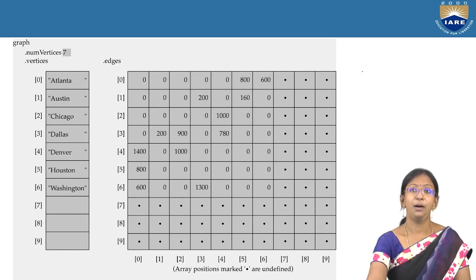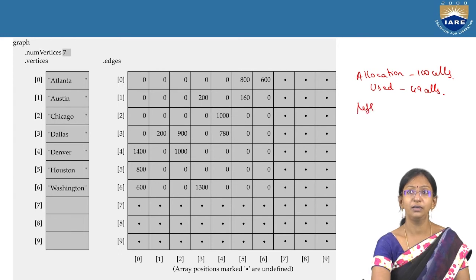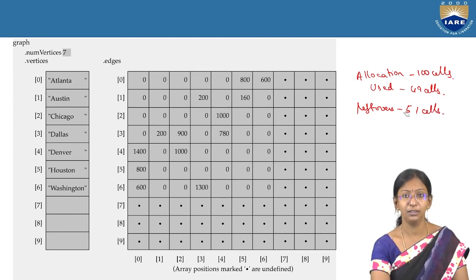See, based upon allocation, it is 100 cells, whereas I have used only 49 cells. Right? So, leftovers are 51 cells. Wastage of memory.